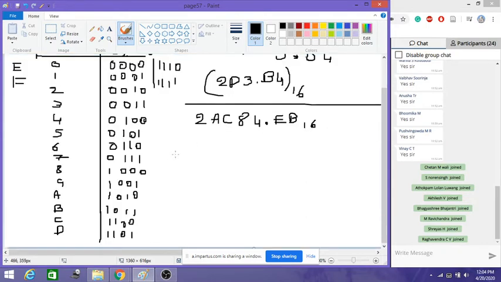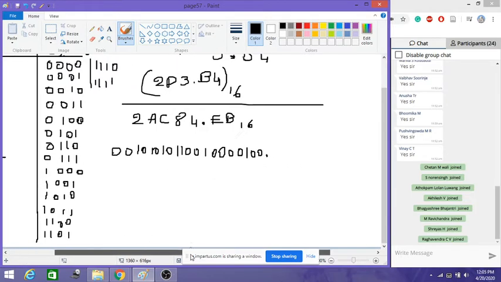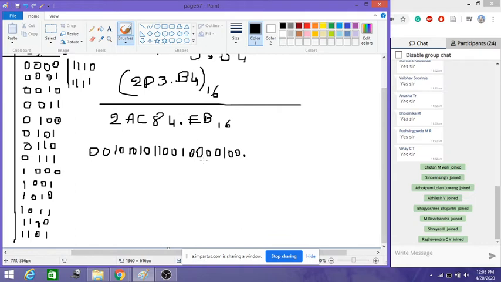So how do we convert to binary? What is the binary equivalent of 2? We have to write it in terms of 4 bits, so it is 0010. A is 1010. C is 1100. 8 is 1000. 4 is 0100. Then after the point, E is 1110 and B is 1011.